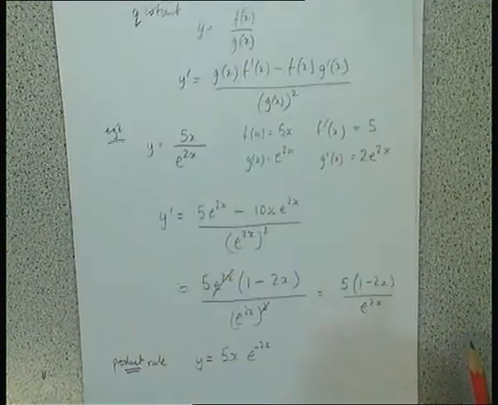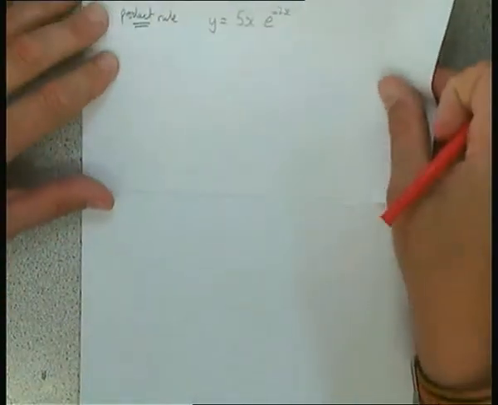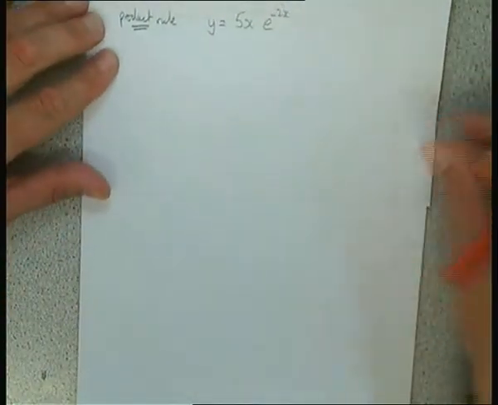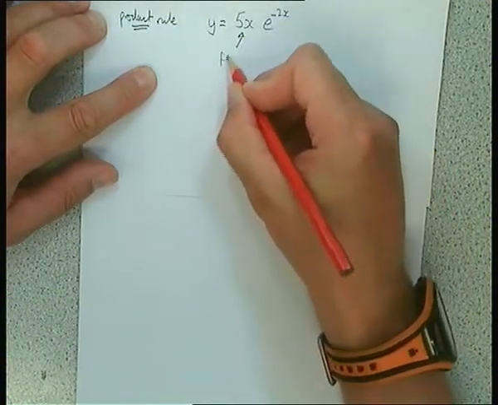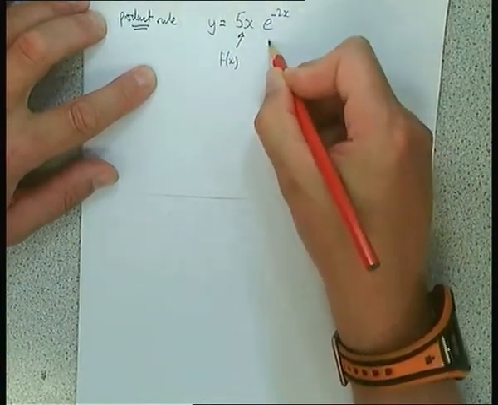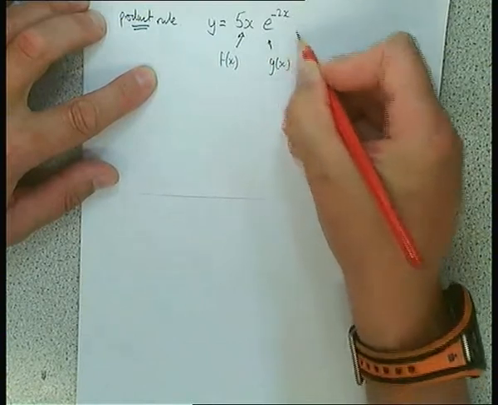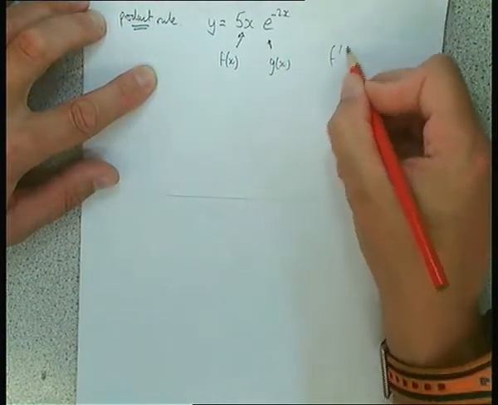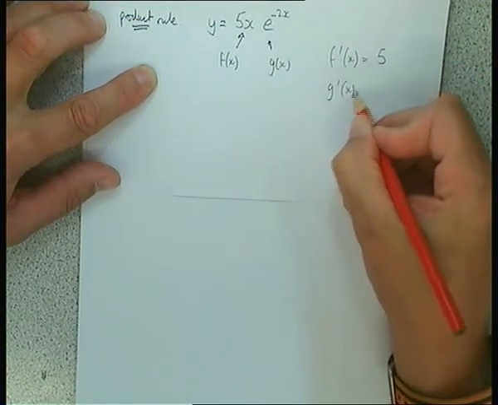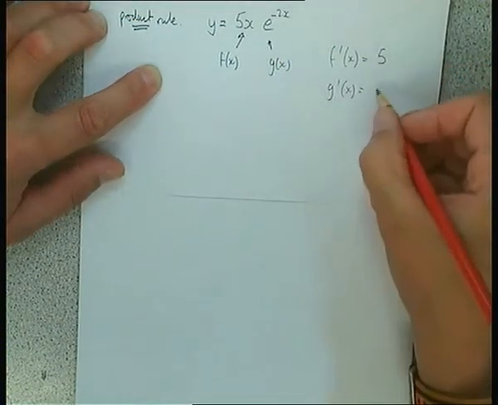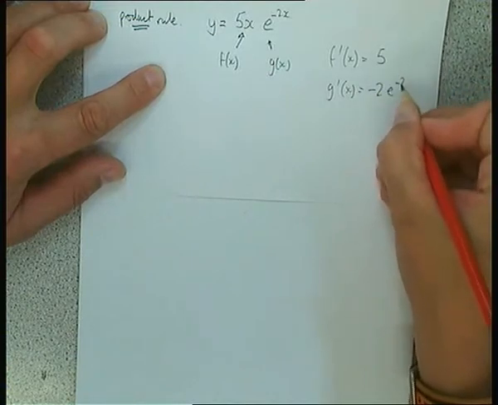Now, if I do that, what I'm left with is the same as before. So this is now my f of x, and this is my g of x, but this time it's minus 2x. So f dash of x is still 5. g dash of x this time is minus 2e to the minus 2x.